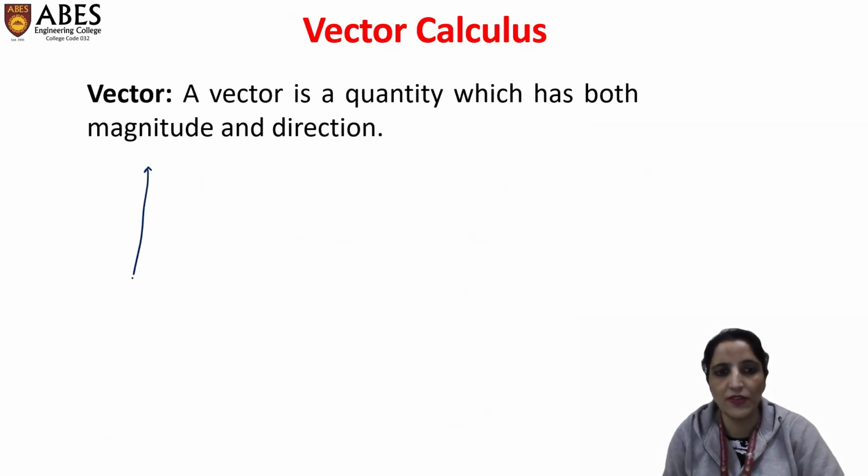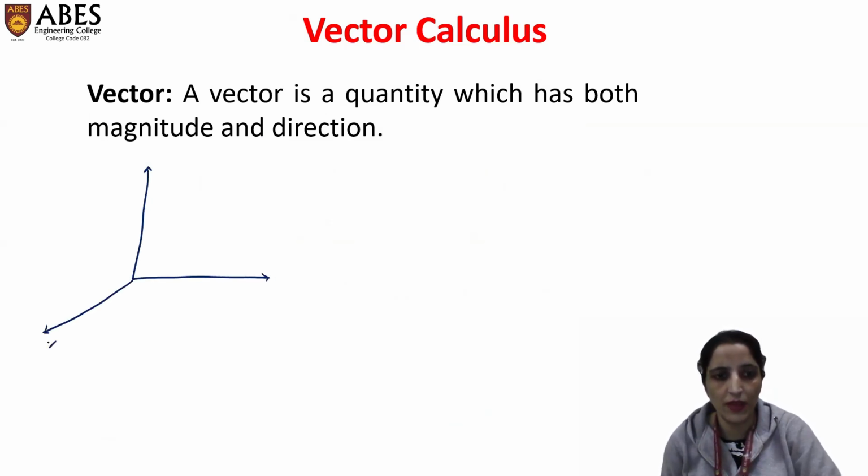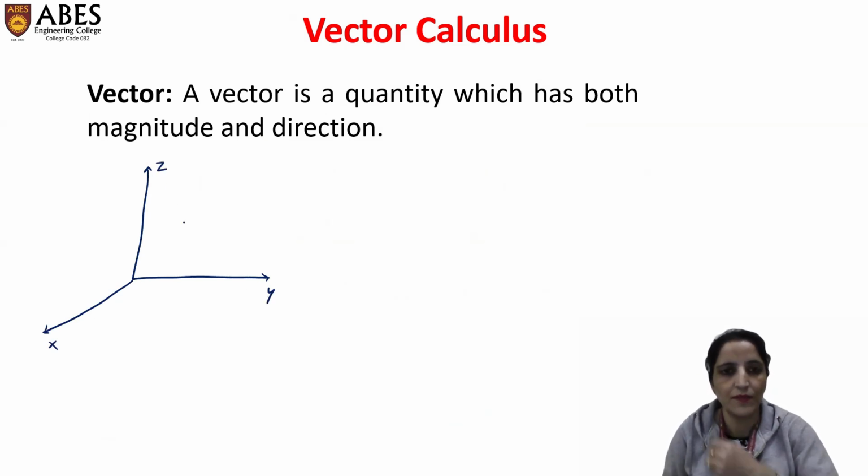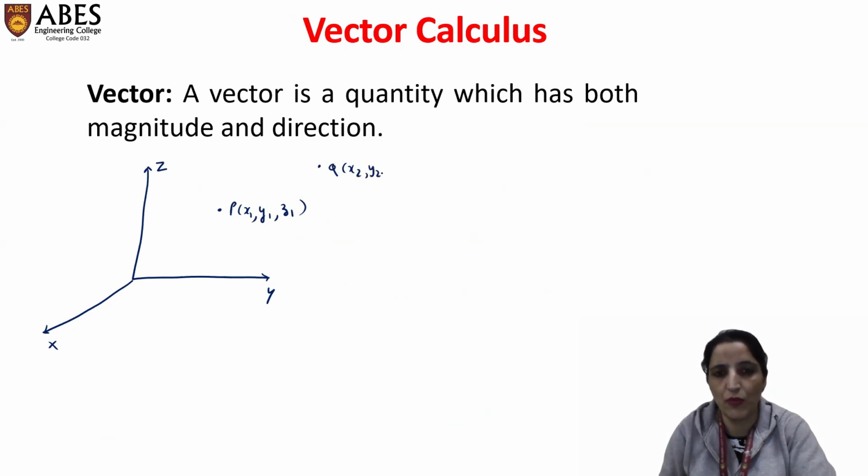Consider a Cartesian system, that is x-axis, y-axis, z-axis. Now consider a point P (x1, y1, z1) and another point Q as (x2, y2, z2). Now when we are talking about a vector, we are talking about this line, that is PQ.